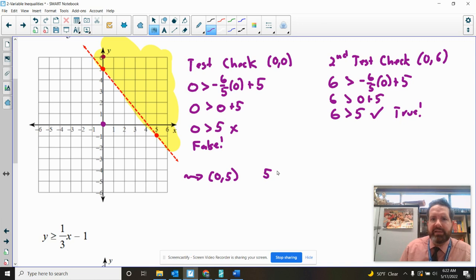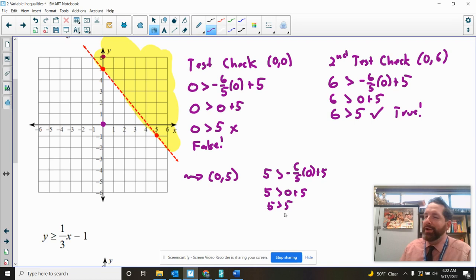So is 5 greater than negative 6/5 times 0 plus 5? So we're asking, is 5 greater than 0 plus 5? Is 5 greater than 5? You see, oh man, you kind of almost want to say it's true, but it's not. 5 is not bigger than 5. So this is another false statement.